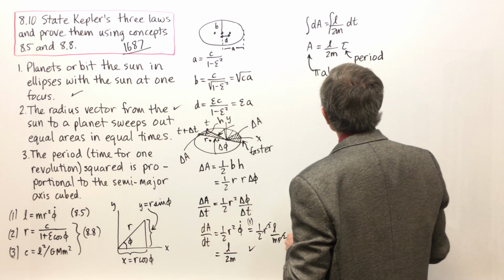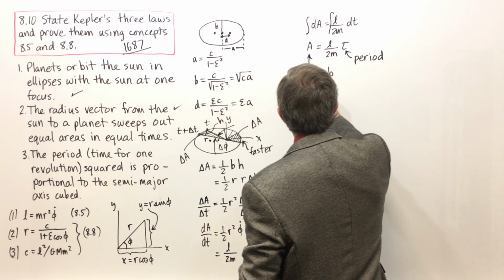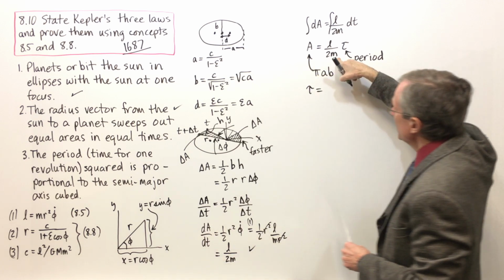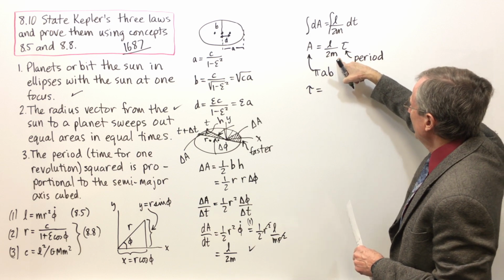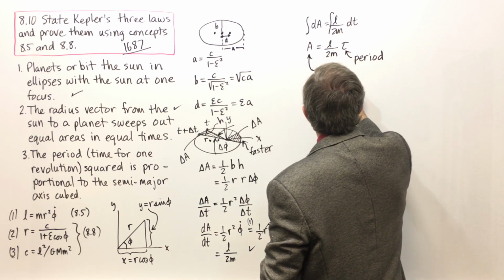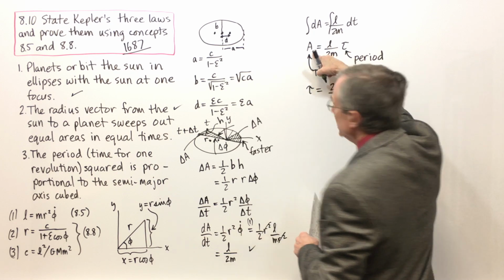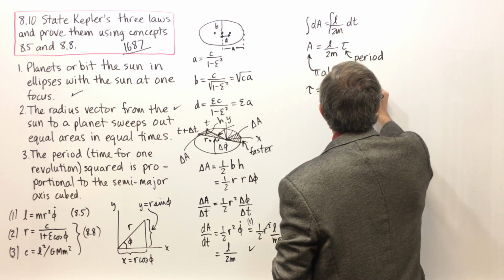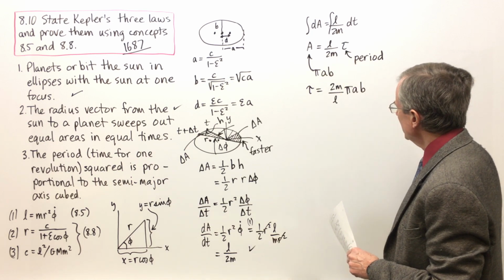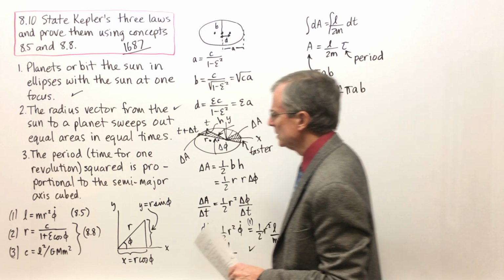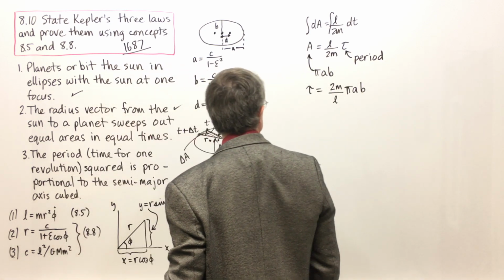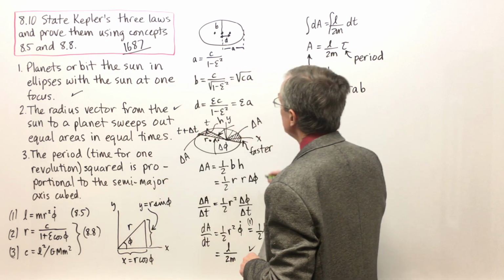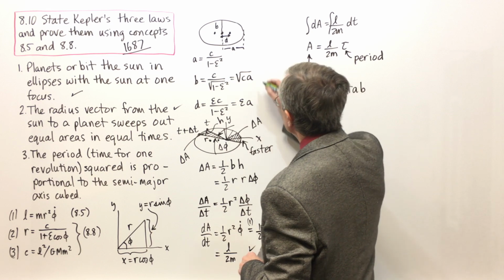So if we now solve this for the period, we're going to multiply both sides of this equation by 2m over L. And then multiplied by A, the area of the ellipse. And then we're going to substitute, we're going to use this equation.